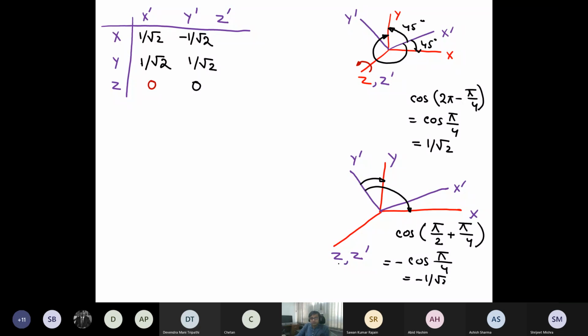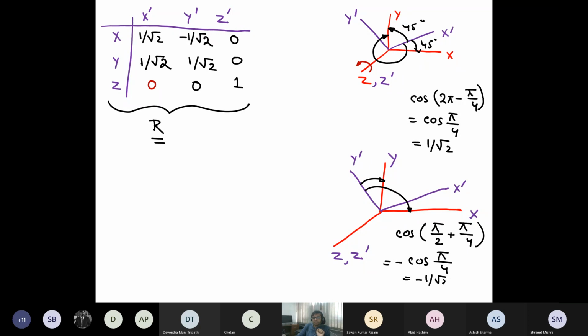Coming to z prime, z prime is already at an angle of 90 degrees with both of them. So 0, 0. And the angle between z prime and z is 0 degrees. So cos of 0 is equal to 1. So this is my R, the rotation tensor.